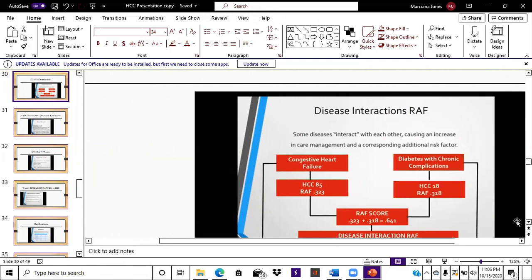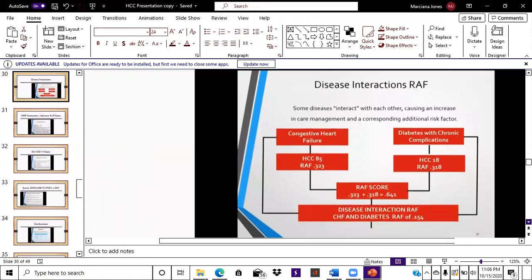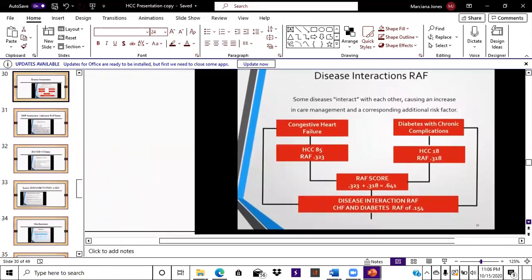Basically, this is saying that some diseases interact with others, and it causes you to need more care. And as a result of you needing more care, you have additional risk added.